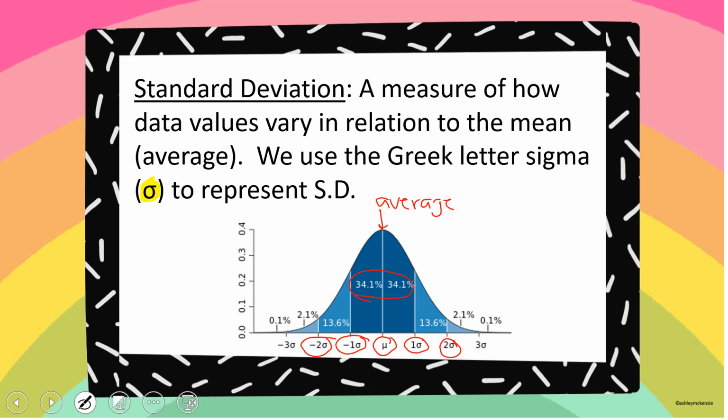And so when we're looking at this data, you're looking at how far away from the average your data points are. A lot of times you see bell curves with height, like the average height of a high schooler.